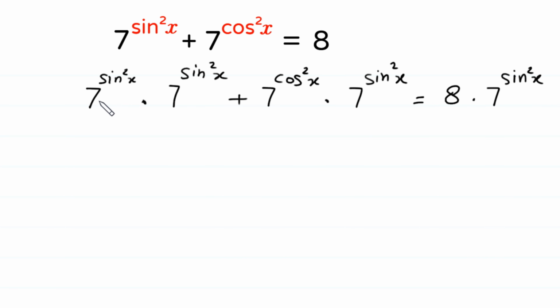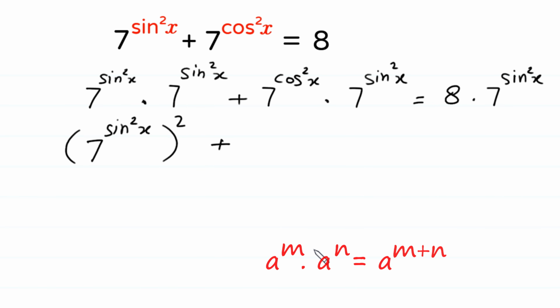Next, this 7 to the power sine square x times 7 to the power sine square x will become 7 to the power sine square x, hmm, squared plus, according to the rule of exponents, a to the power m times a to the power n is equal to a to the power m plus n.